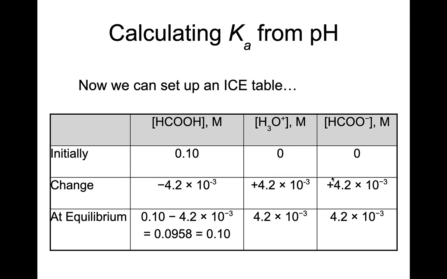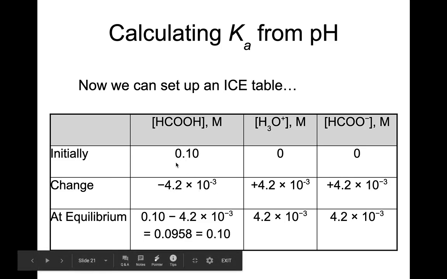So if these went up by this amount, this one, again, due to the stoichiometry of our equation, must have decreased by the same amount. So here we just take our initial concentration, subtract our change, we've got our final concentration. Note here that rounding for significant figures results in basically no change in this concentration.